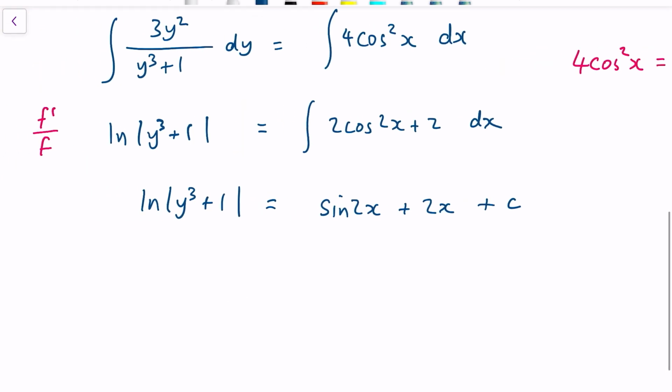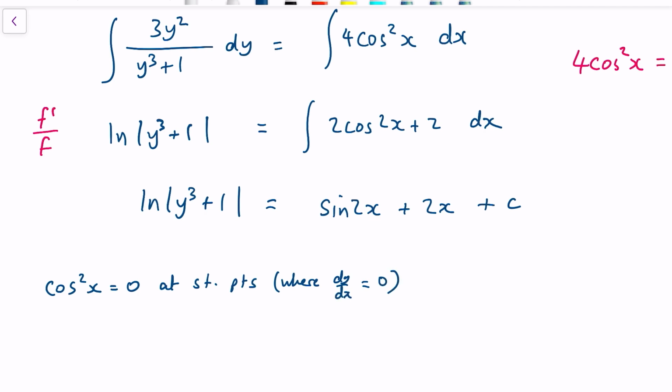So we've got cos squared x equals 0 at stationary points, where dy dx equals 0. And if we solve this equation, cos squared x equals 0 tells you that cos x must equal 0, and that's got heaps of values for x, but the first 2 that we want are x equals pi over 2 and 3 pi over 2.